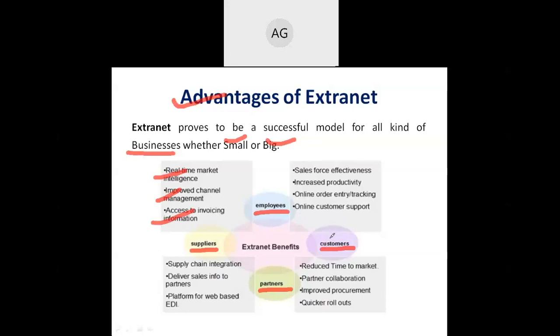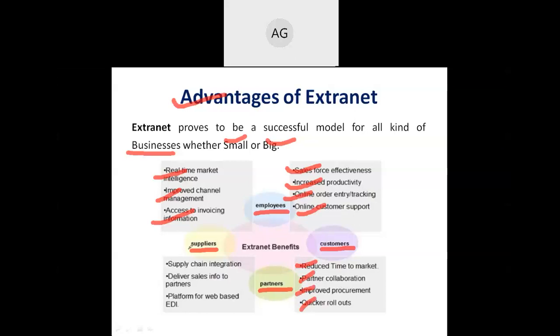As far as the customers are considered, the sales force effectiveness increases, there is increased productivity of customers, online order entry, order tracking facilities provided to the customer, and online customer support. As far as the benefits of partners are considered, there are reduced time to market, partner collaboration, improved procurement, and faster rollouts.